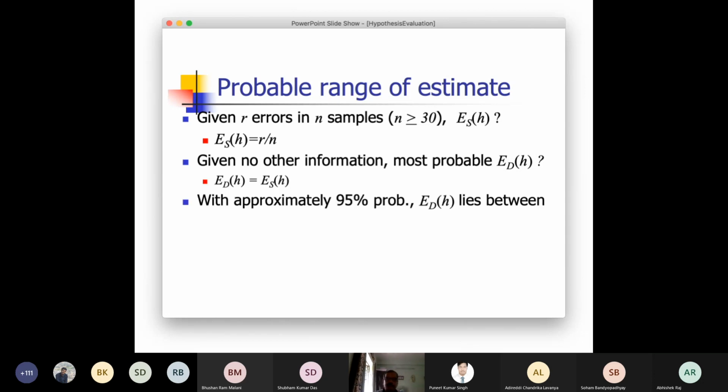But approximately with 95% probability, actually this is the use of the variance. I'll be discussing that. This is a result I am just showing you, but there is a theoretical analysis behind it. Let us first understand the result, then we'll go for a bit of theory later on. The result is that this is giving your interval.